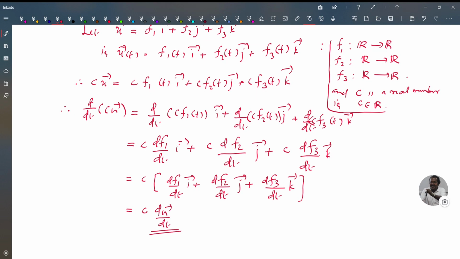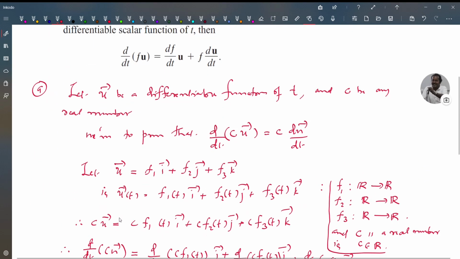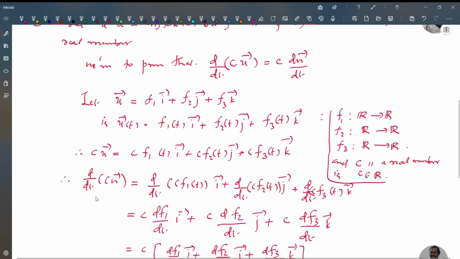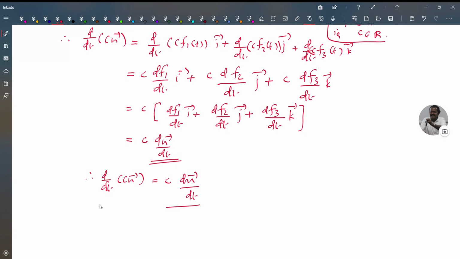So this proves the first part. Therefore d by dt of Cu equal to C into du by dt, as C is a constant and u is a vector function of t.